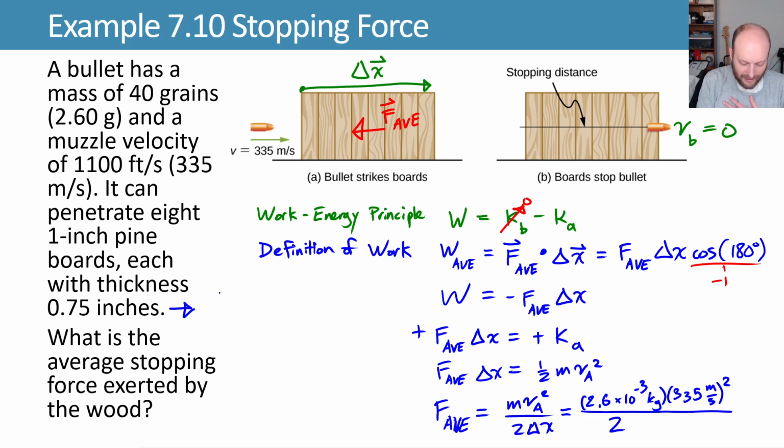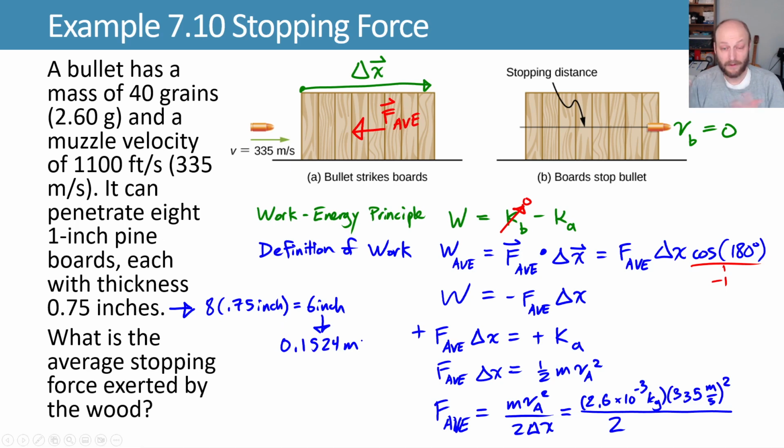All right, 8 boards, so 8 times 0.75 inches gives us 6 inches, which we can then convert into meters, 0.1524 meters. Use the 2.54 centimeters per inch, 100 centimeters per meter. That gets us to meters.